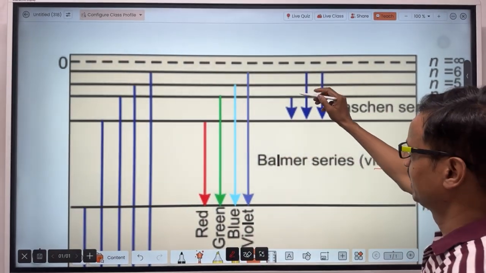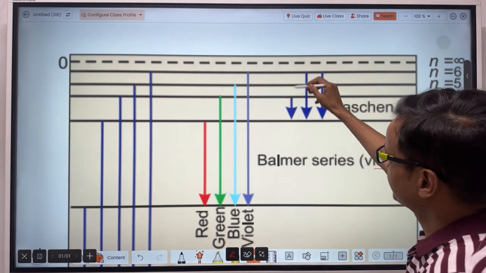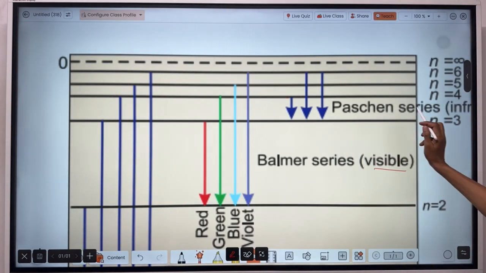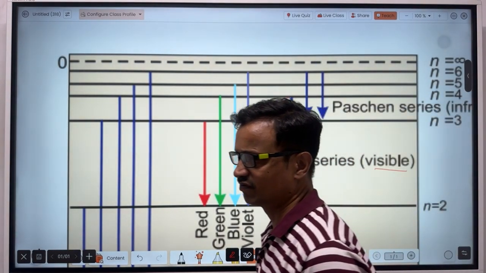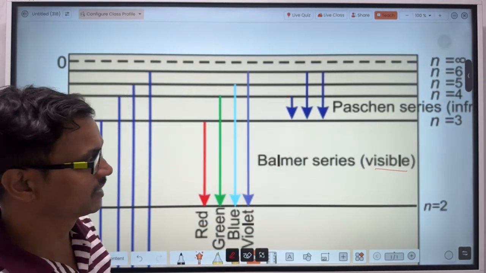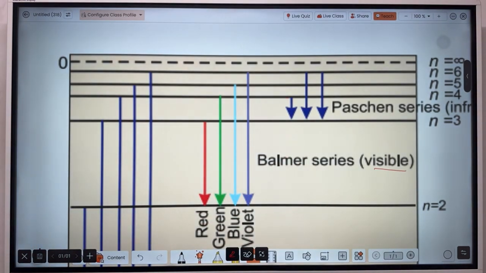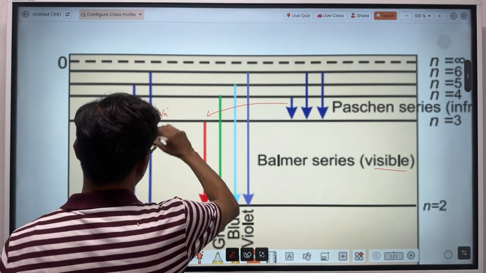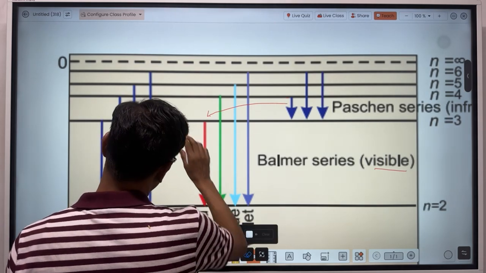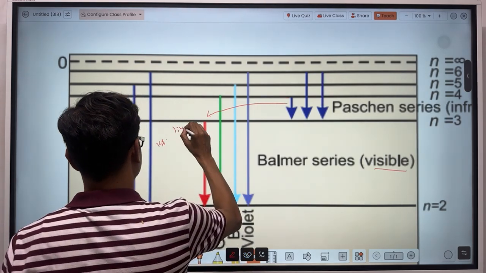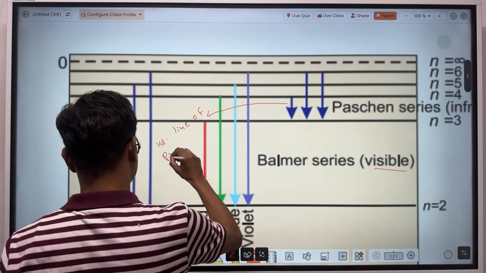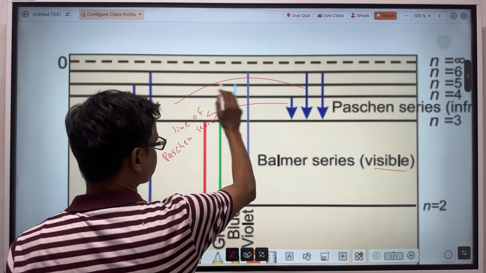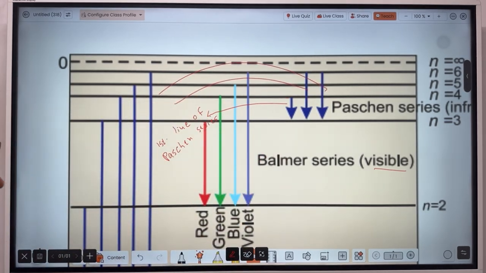Then when an electron falls from any energy level to n equal to 3, that comes under Pascal series. It is called the first line of Pascal series, in the same way the second line of Pascal series, the third line of Pascal series, and so on.